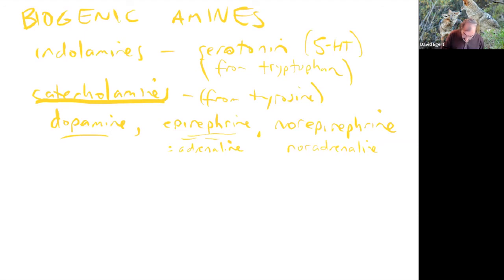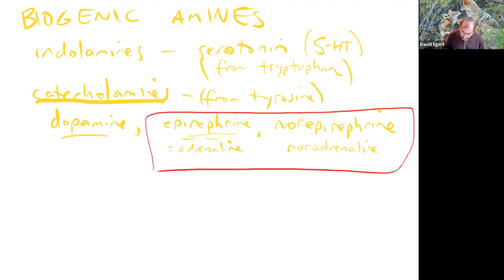Let's talk about these two particularly, epinephrine and norepinephrine. Epinephrine is also called epi. Norepinephrine is also called NE. And again, epi is adrenaline. It's just synonyms. If we were in London right now at some college, I would say the catecholamines include adrenaline and noradrenaline. So adrenaline and epinephrine are just synonyms.